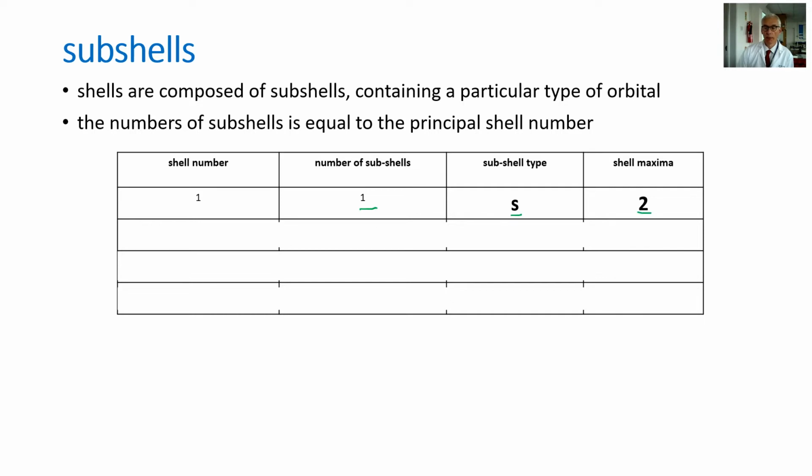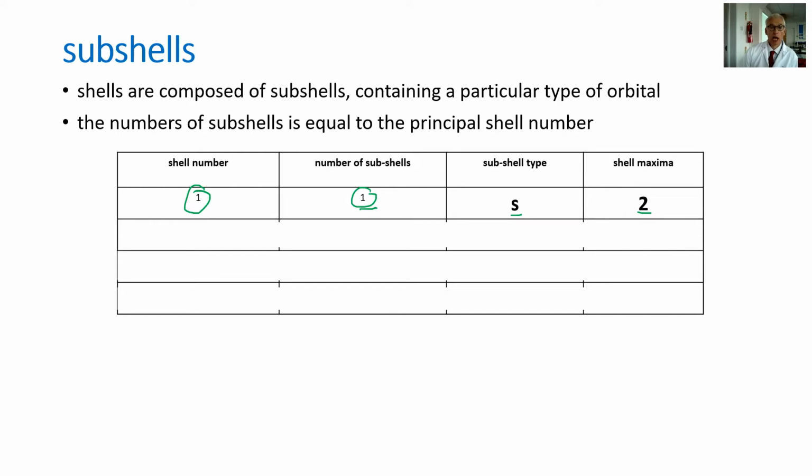We calculated the shell maxima on a previous slide. So the maximum for the first shell is 2. The number of subshells is equal to the shell number, and I'm telling you that that type of subshell is an S subshell.